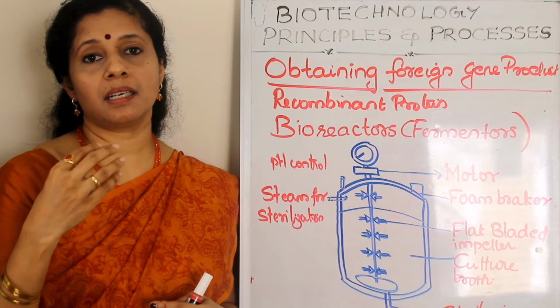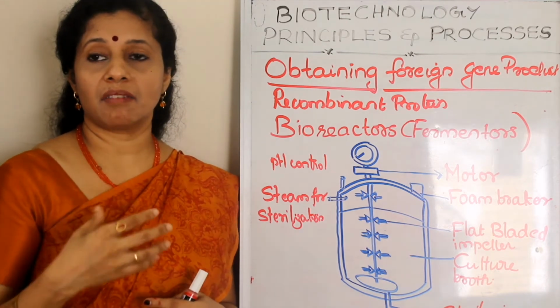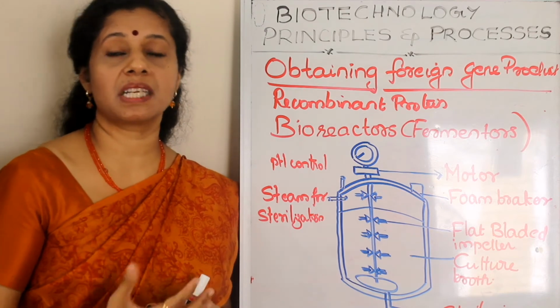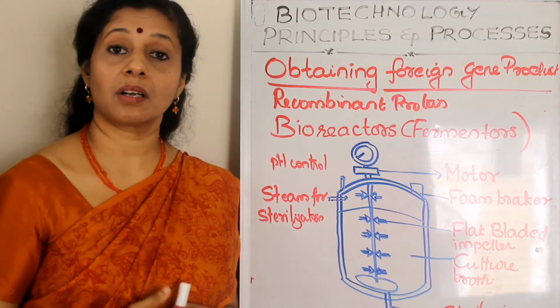So now many thermodynamics principles have been taken care of and the velocity is also controlled, and many sophisticated methods are adopted when we are using bioreactors on a commercial scale.